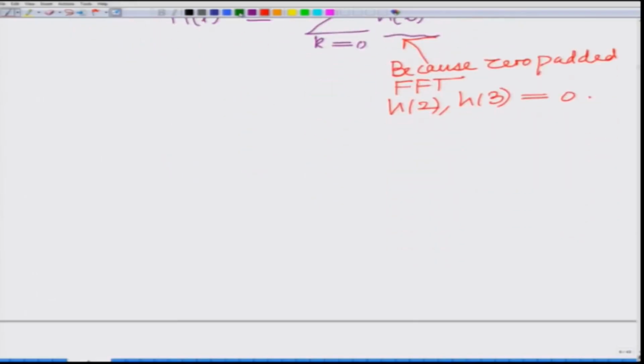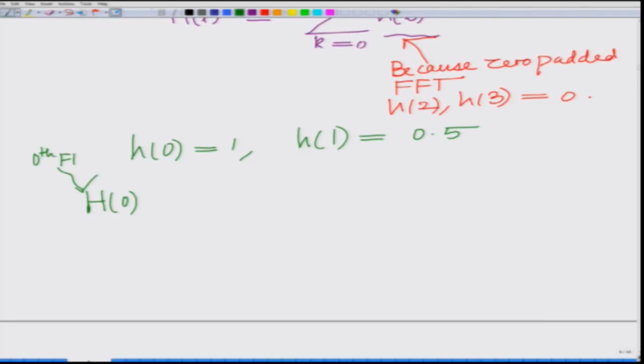Now, let us compute the FFT. We have already done this before, but let us do this for the sake of completeness. We know that the channel taps are h0 equal to 1, h1 equals 0.5. Therefore, capital H0, the 0th FFT point, equals h0 plus h1, equals 1 plus half, equals 3 by 2.